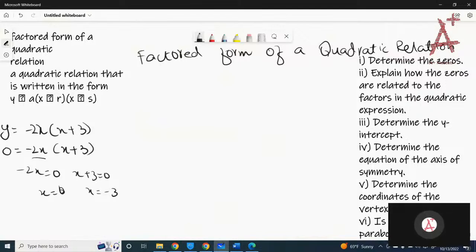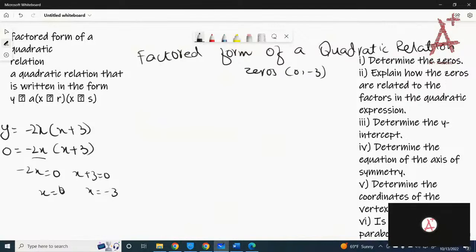So whenever you are given the equation and you have to find the zeros, just put y equals 0 in the equation. The zeros of the equation are 0 and -3.